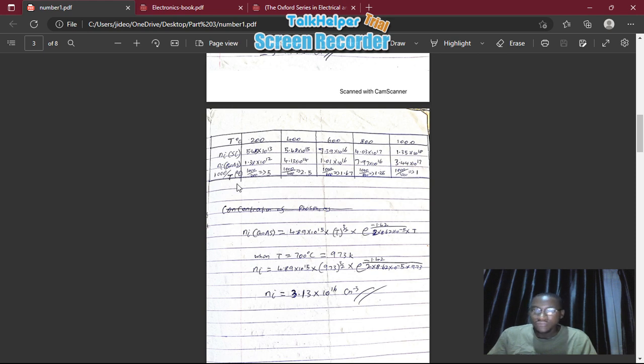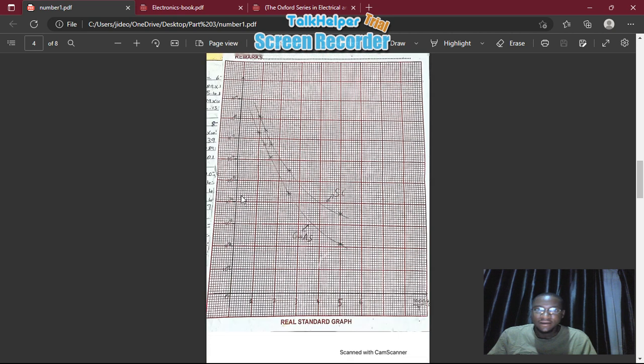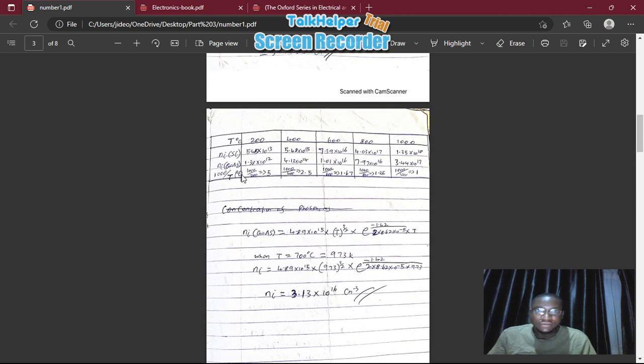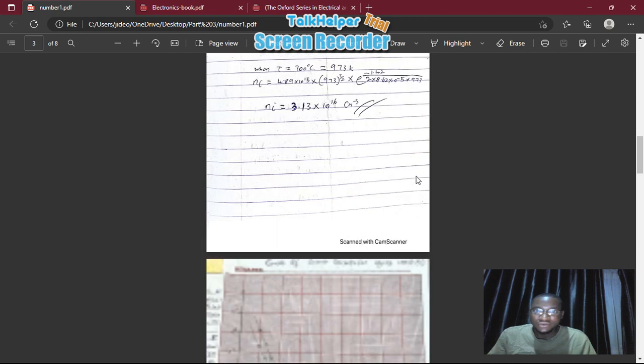Our graph should show the intrinsic carrier concentration on the y-axis against 1000 over T. From this table, we know that for 1000 over T, the highest is 5, while the lowest is 1.